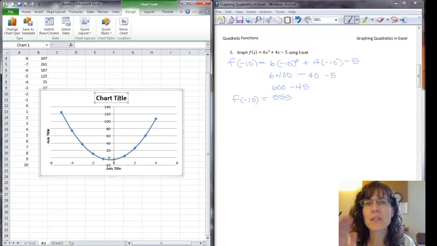Now I don't have to select and delete and all that. Excel assumes that as soon as I click on chart title that I'm going to replace what was there. So when I type the first letter, everything else goes away.